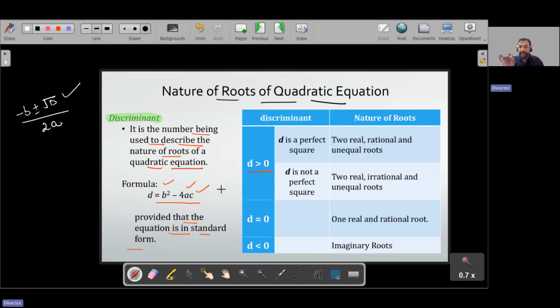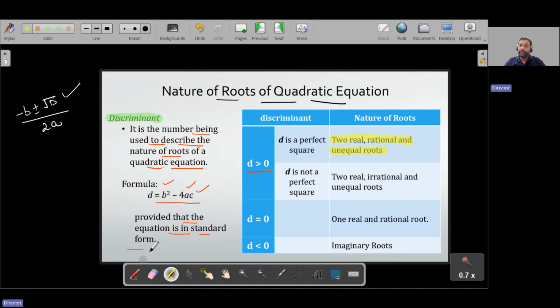Now, if it is a perfect square, then we get a rational number. So if D is a perfect square and D is greater than 0, then we have two real, rational, and unequal roots.